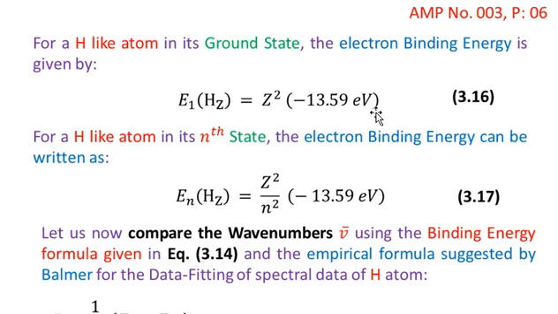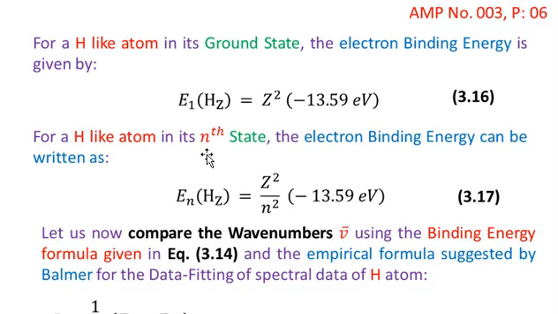The binding energy corresponding to the first orbit of the electron in the hydrogen atom is multiplied by Z squared for a hydrogen-like atom in the same orbit, that is, the first orbit.